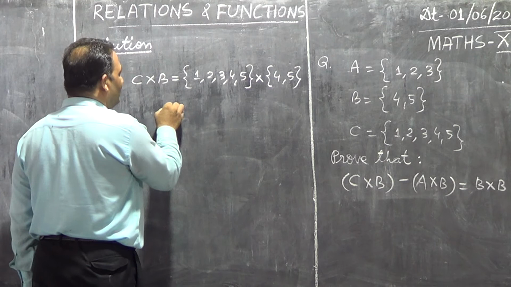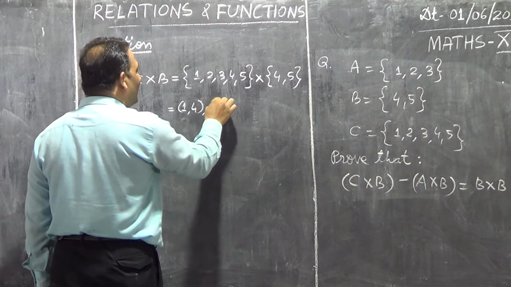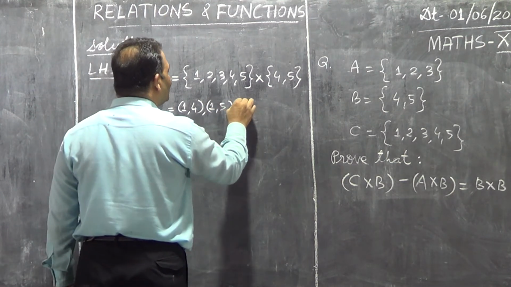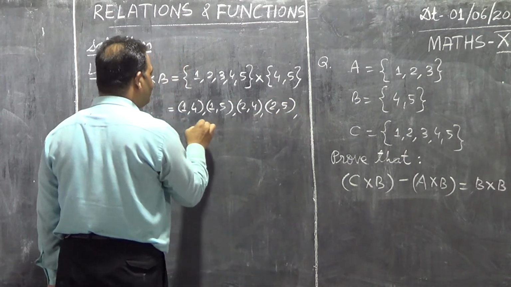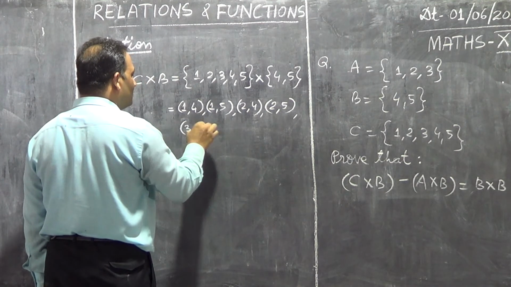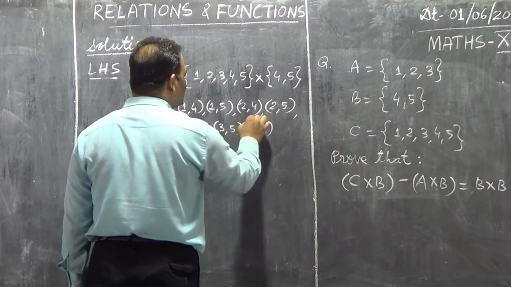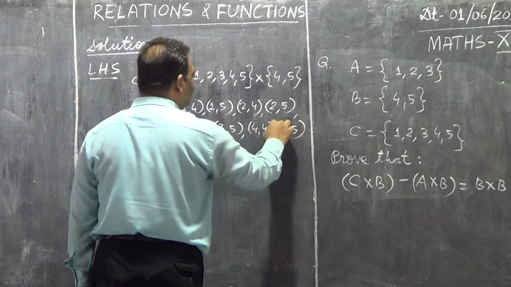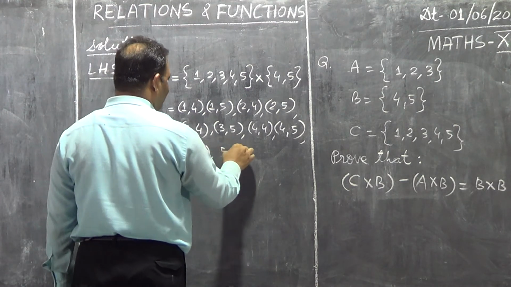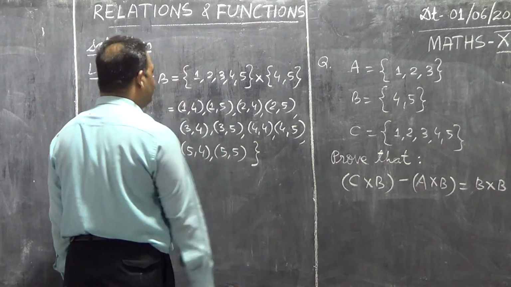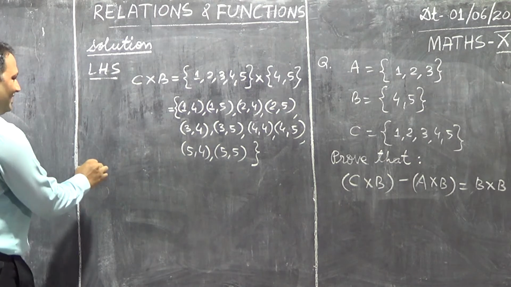So we got here, children, 1, 4, then 1, 5, 2, 4, 2, 5, 3, 4, 3, 5, 4, 4, 4, 5, 5, 4, and 5, 5. So this is C cross B. Then similarly you find A cross B.